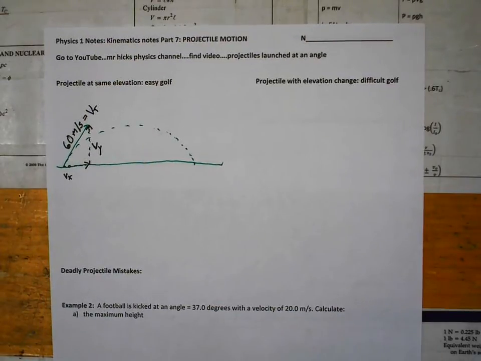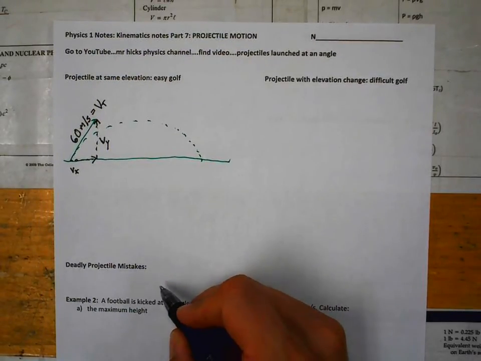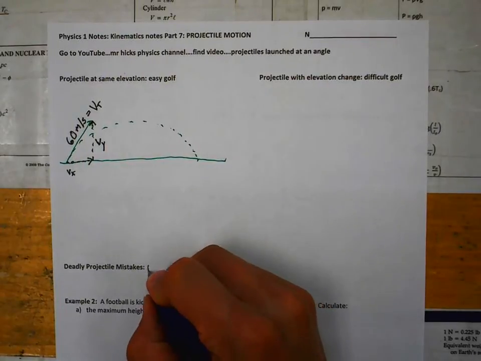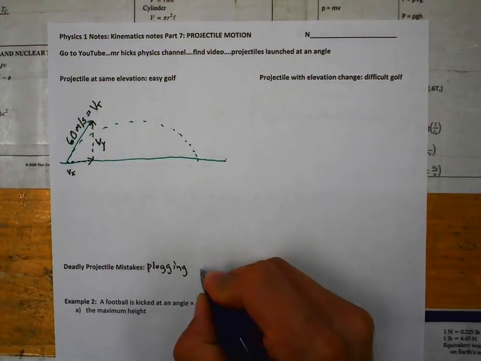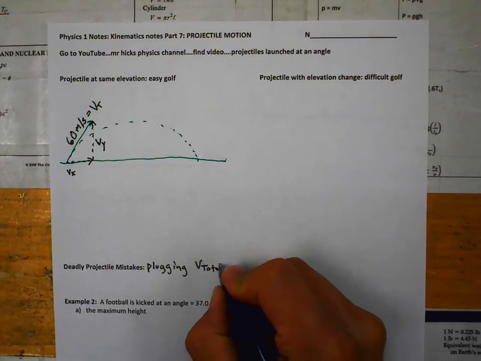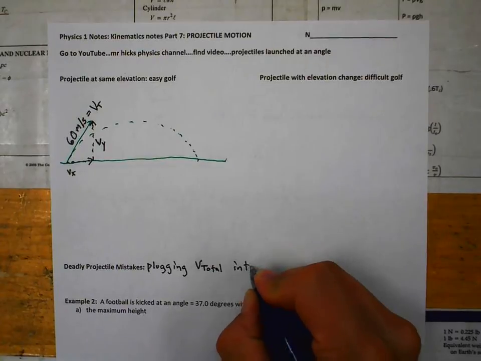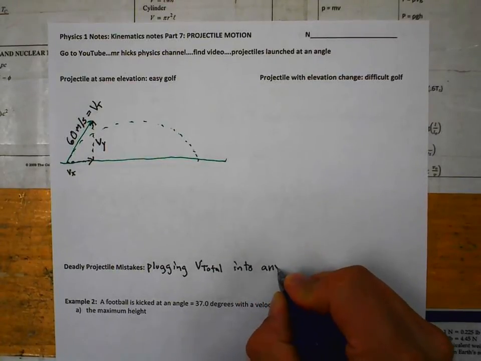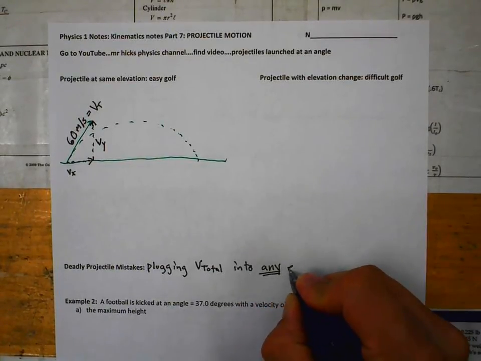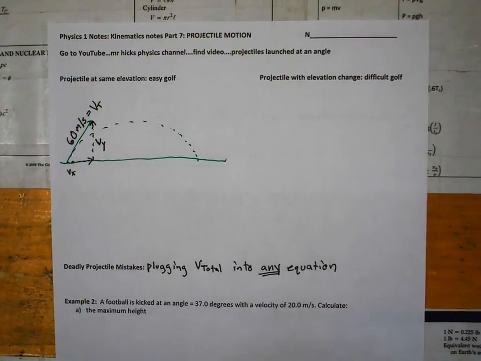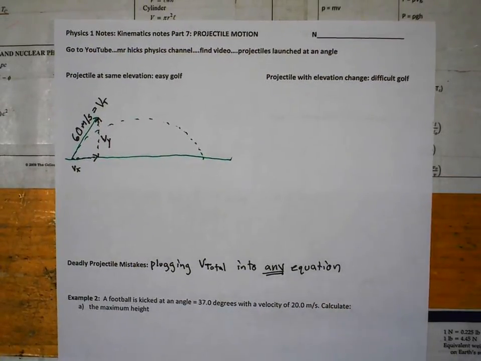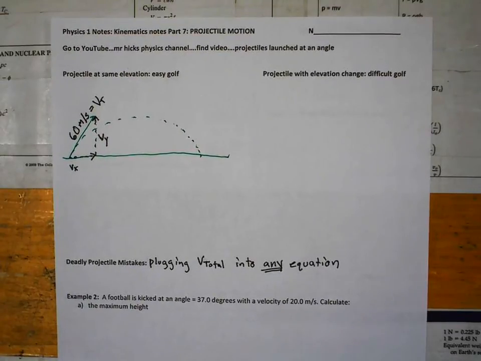Okay, so down here, deadly mistakes. I'm going to say this to start. We will never plug the V total into an equation. Can't do that. Okay, who knows why?